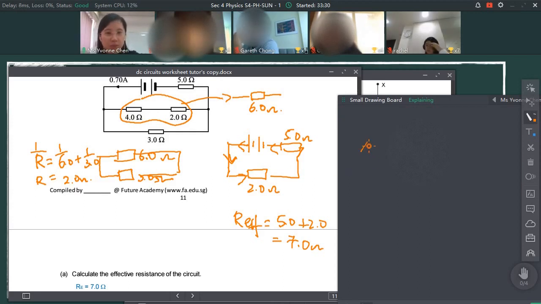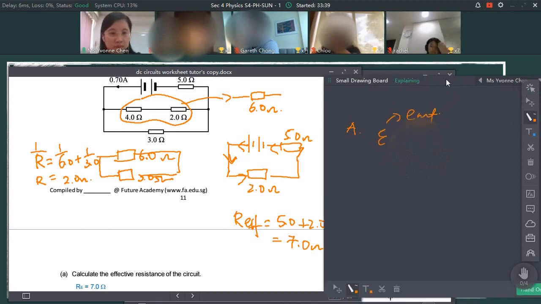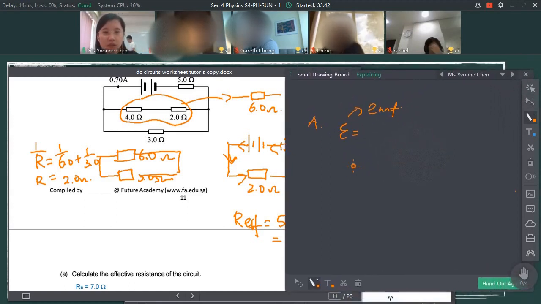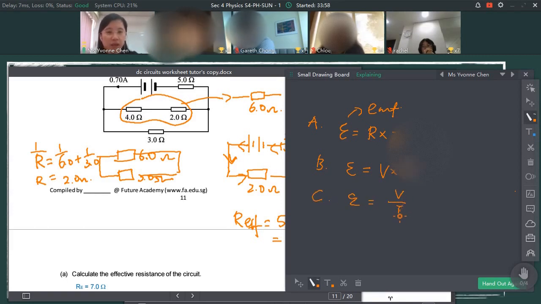Option A, epsilon, this is the symbol for EMF, equals R times I. Option B, EMF equals V times I. Option C, EMF equals V divided by I. Option D, EMF equals I squared times R.